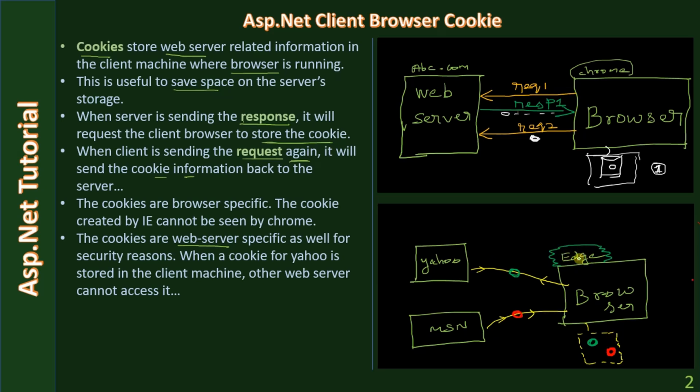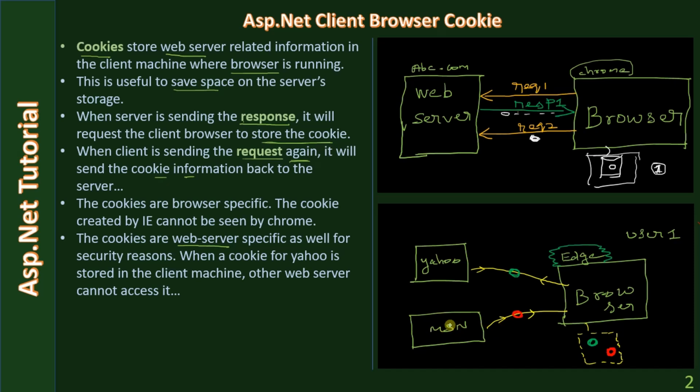Now if you look at it from the user 1 and Edge browser perspective, there are two web servers' cookie information stored here on the disk. So the browser knows that this cookie belongs to Yahoo and this one belongs to MSN.